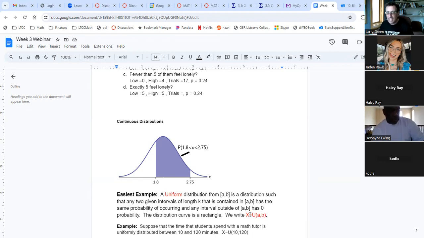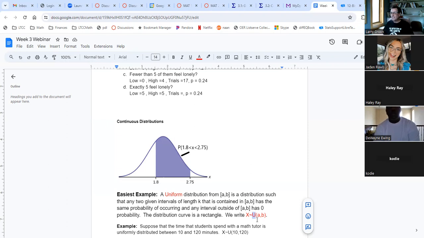Okay, the way you read it in statistics is we say X has the distribution that is uniform, U for uniform, because U is the first letter of uniform. By the way, next week, we're going to talk about the normal distribution. Any guess on what letter we're going to use? If we have a normal distribution, we're going to have an X tilde what?